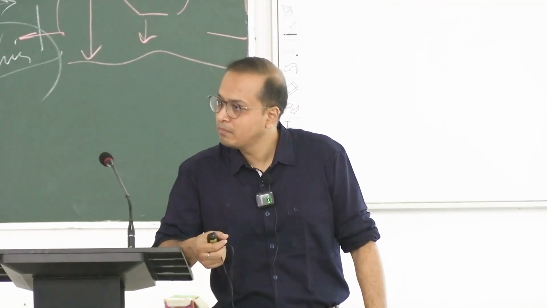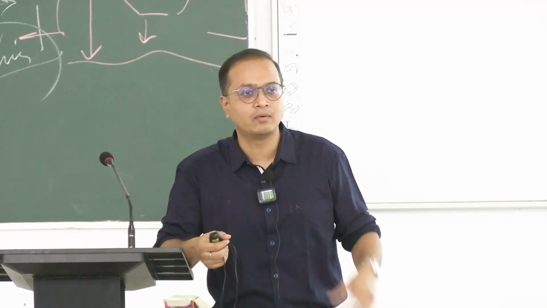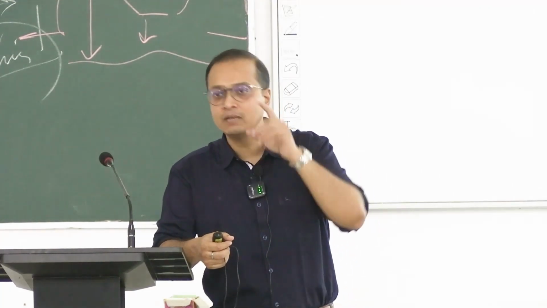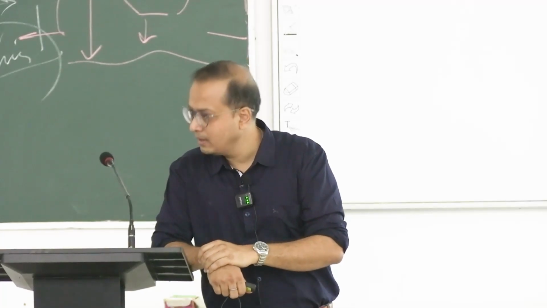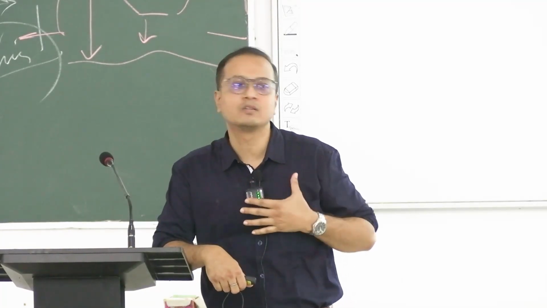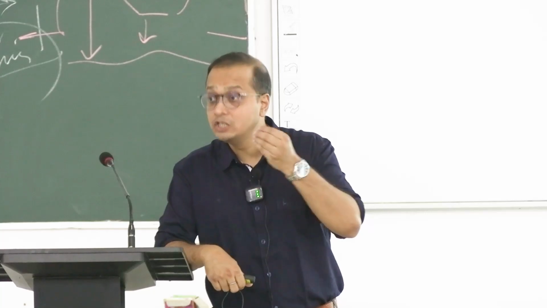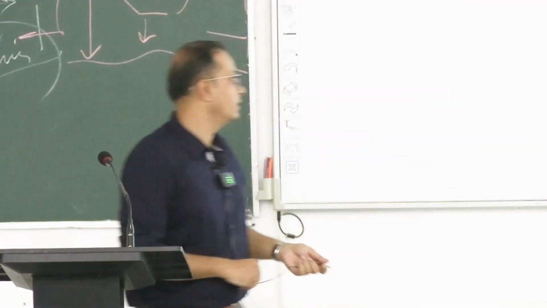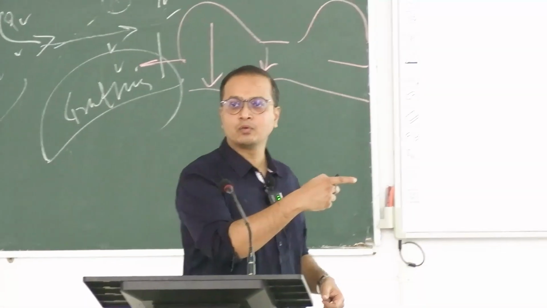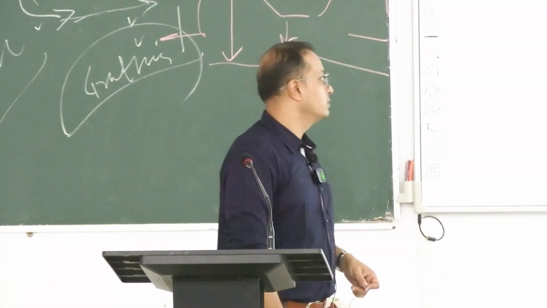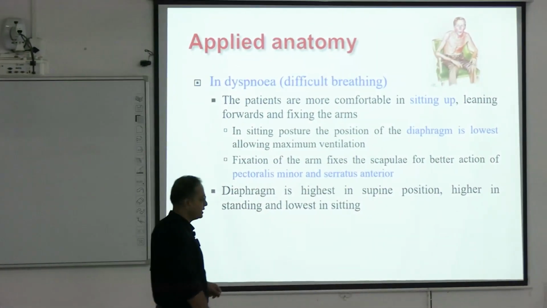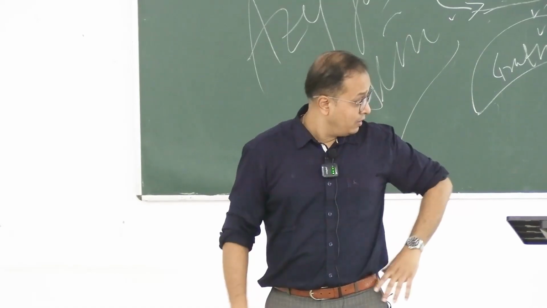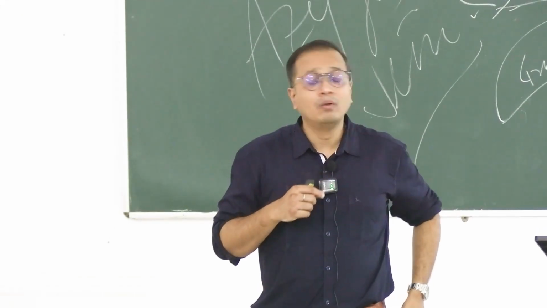We call that clinical condition dyspnea. It happens in heart disease and in lung diseases like asthma and COPD, where you have the highest movement of the diaphragm and of the thoracic muscles going on.